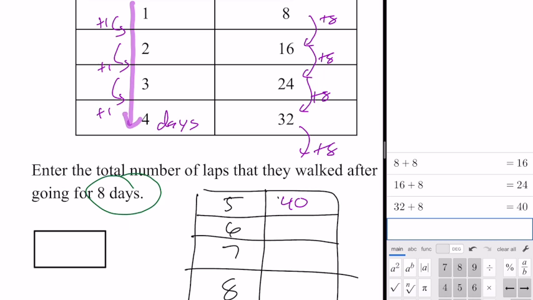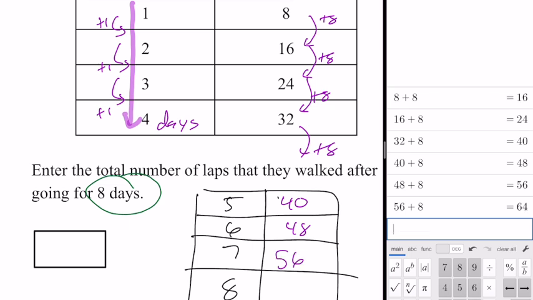Boom. 40 plus 8 equals 48. 48 plus 8 equals 56. And 56 plus 8 equals 64. So after 8 days, they will walk a total of 64 laps.